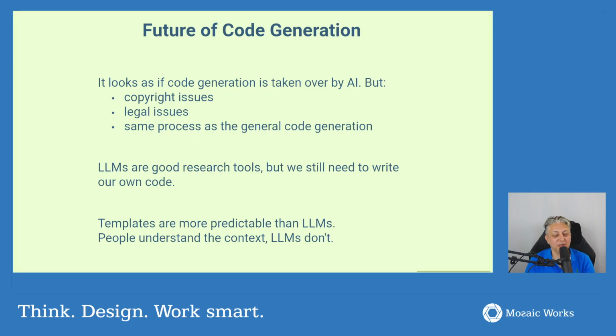They always hallucinate. That's the way LLMs work. So because of this, people understand the context. People will be more reliable in the near future in understanding and writing the code.